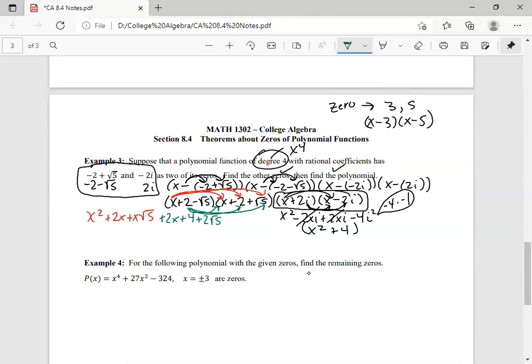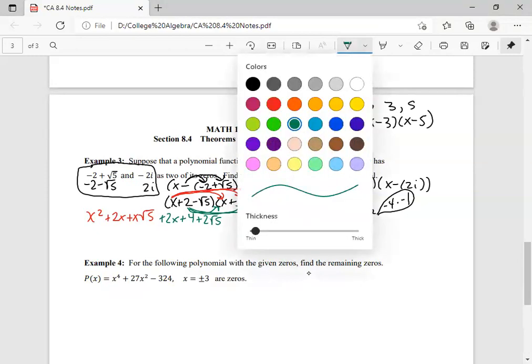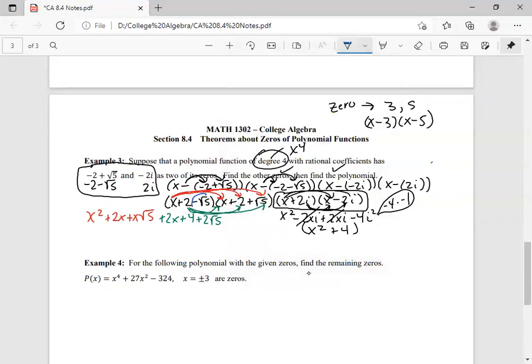So I multiplied the x by everything. I multiplied the 2 by everything on the other side. And I need to multiply this negative square root of 5 by everything. So negative square root of 5 times x would be negative x times square root of 5. Negative square root of 5 times 2, that's going to be minus 2 square root of 5.